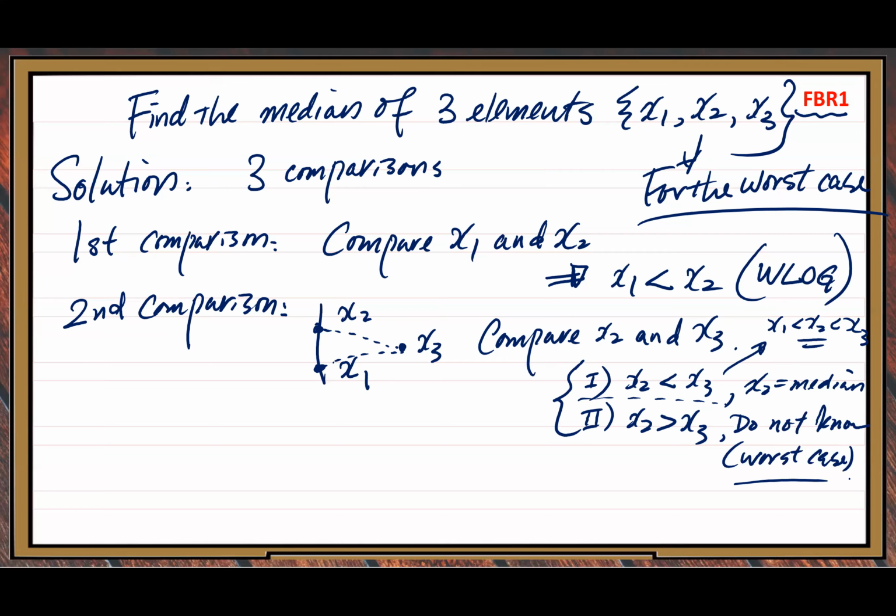So we should assume x2 greater than x3, because we target the worst case all the time. That's why we need a third comparison.